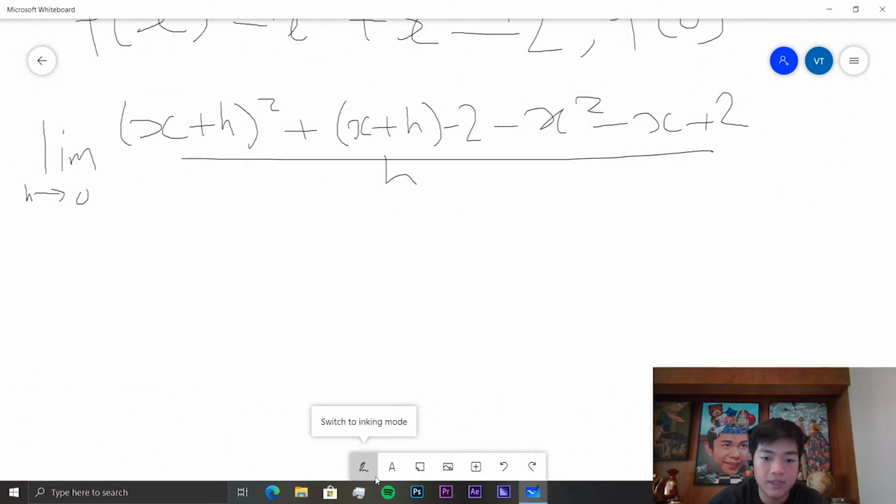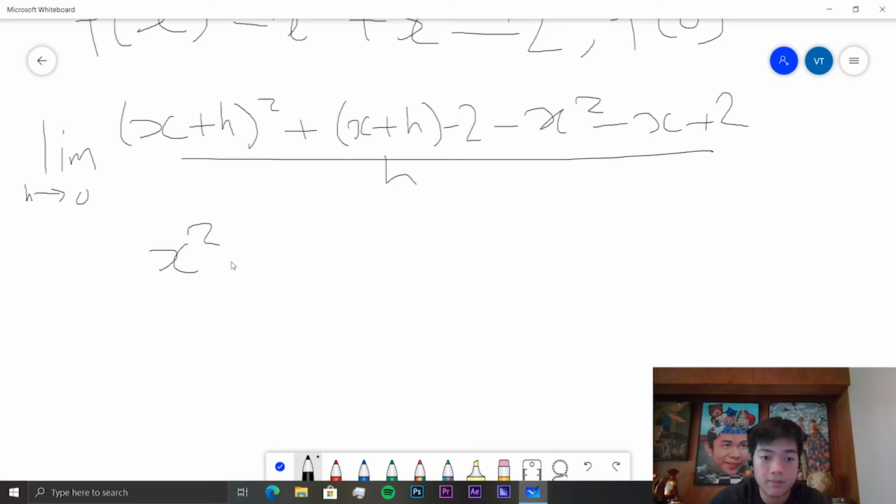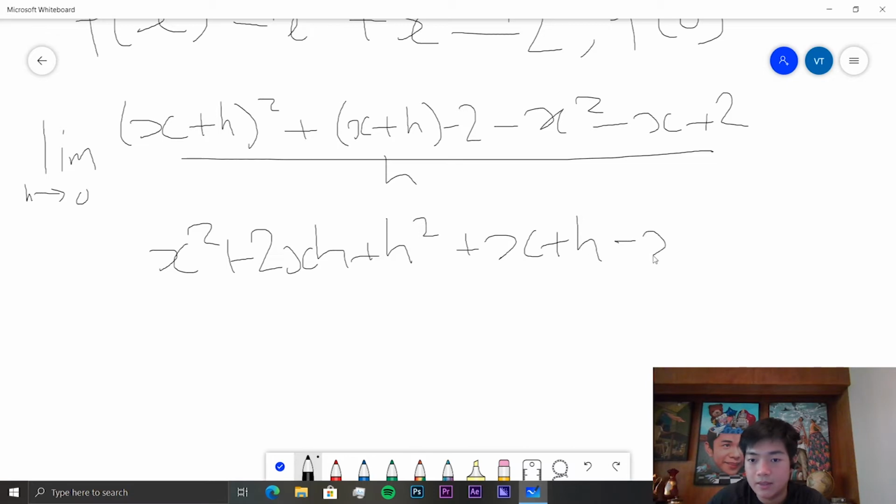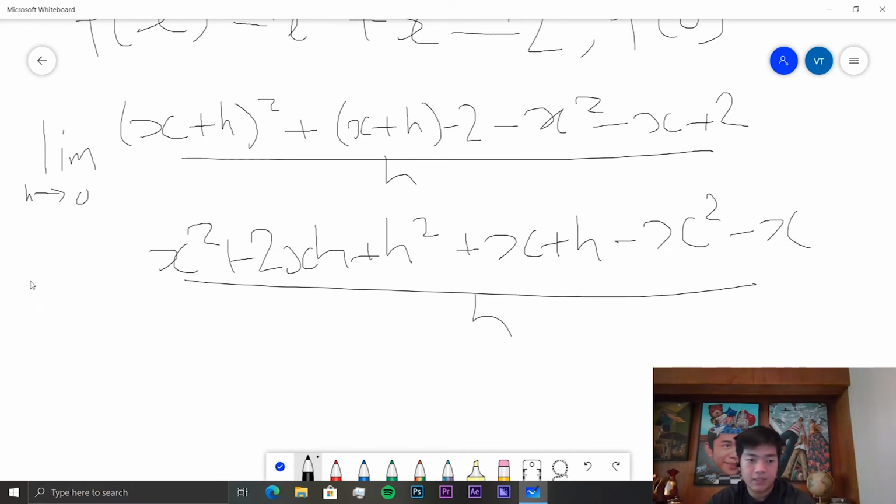So this will be equal to x squared plus 2xh plus h squared plus x plus h minus 2, but I'm going to ignore the minus 2 since they cancel out already, minus x squared minus x all over h. This is the limit as h tends to 0.